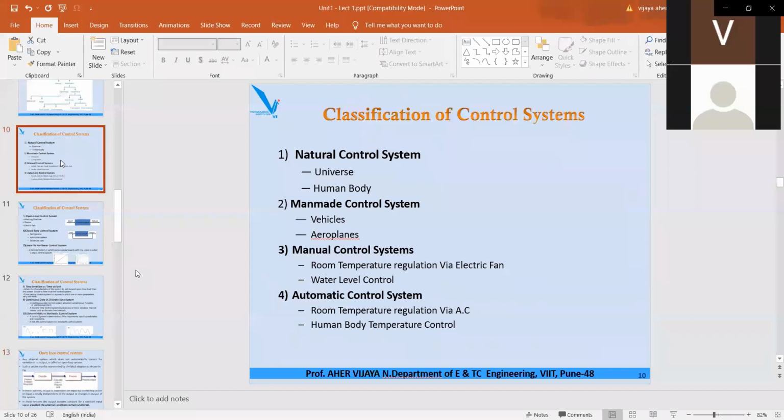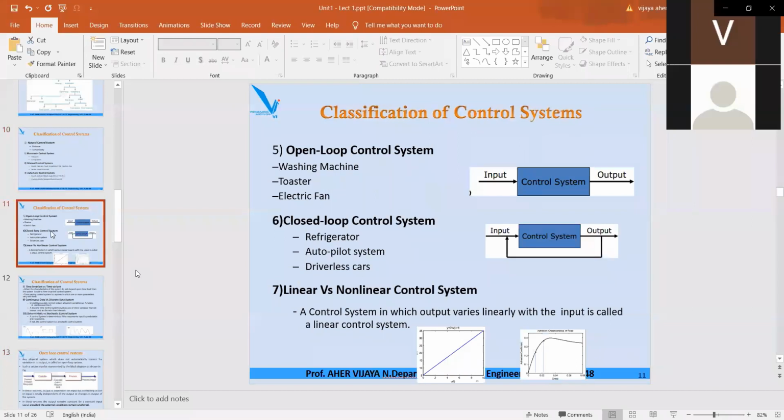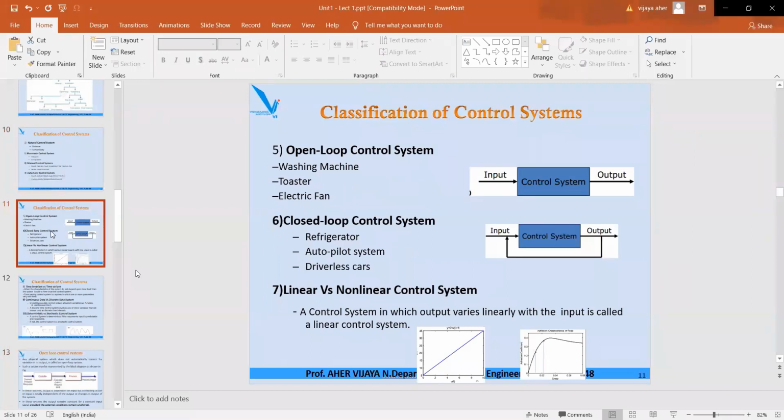So first one is natural control system, then man-made control system, manual control system, automatic control system. I have given examples of all these things. Then after that, you have studied open loop control system, closed loop control system along with example. Today I'm going to give you the detailed explanation about open loop and closed loop control system.